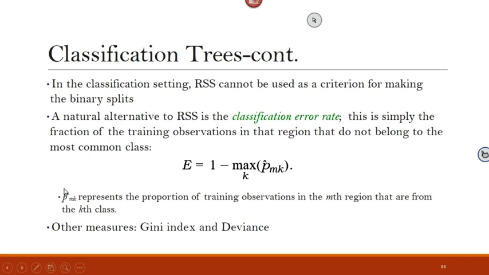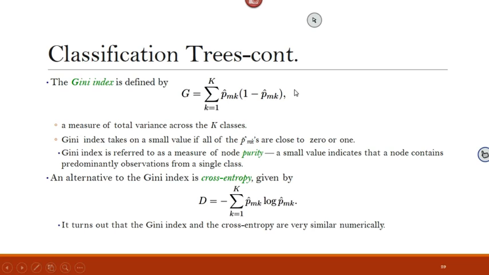If you think of one region with two classes, A and B, and assume that 80% of the observations in this region are in class A and 20% in class B, then the p value will be 0.8 for class A and 0.2 for class B. So the Gini index for this region will be 0.8 times 0.2.